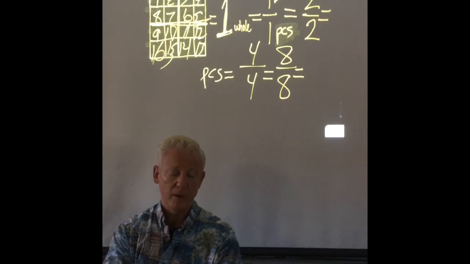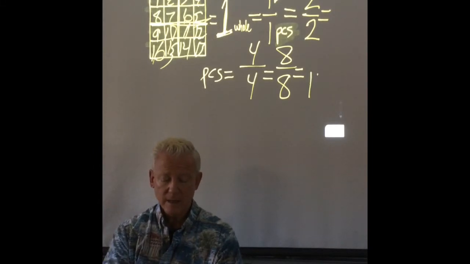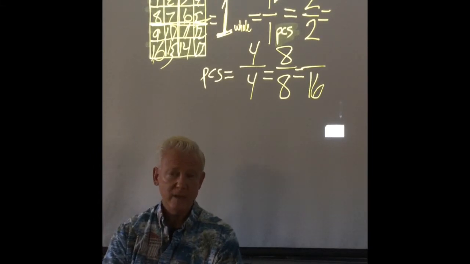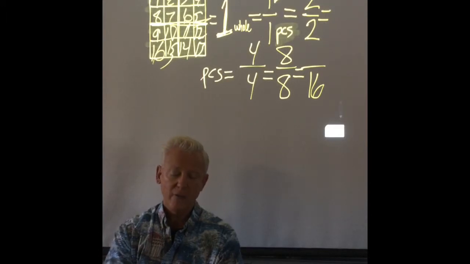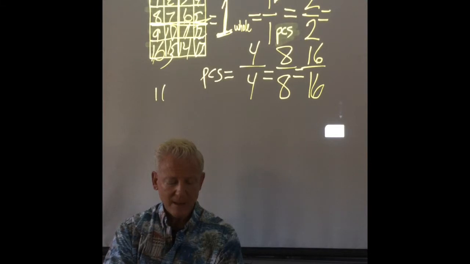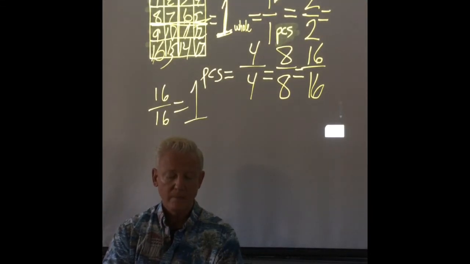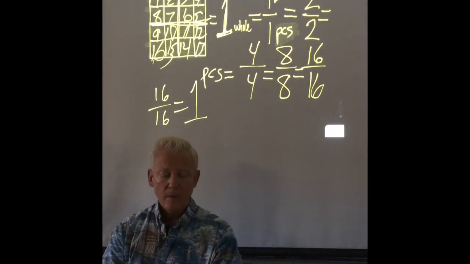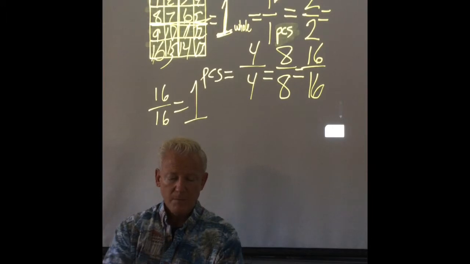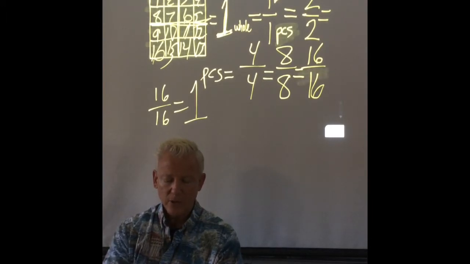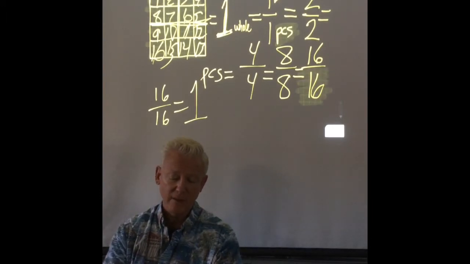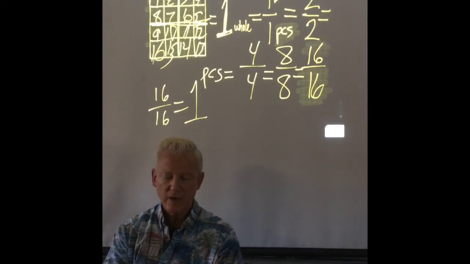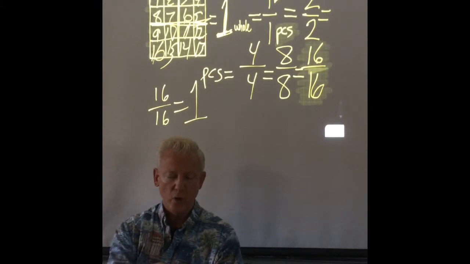So what's my bottom number going to be? It's going to be 16. How many of the 16 do I have shaded in? I have them all. So it's 16 over 16. Now what's funky about this is 16 over 16 still equals what? 1. So no matter what the number is, if you have a super big number like 16 on the bottom and a 16 over the top, that means it's one whole.